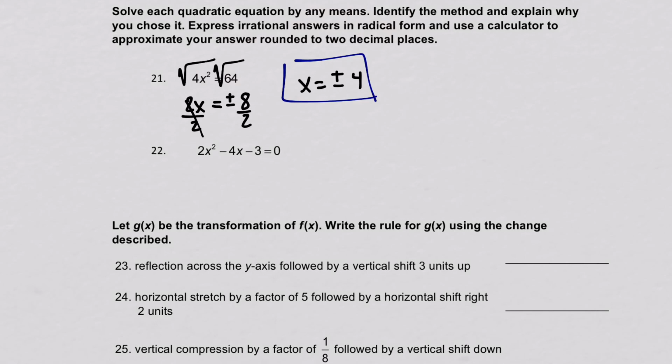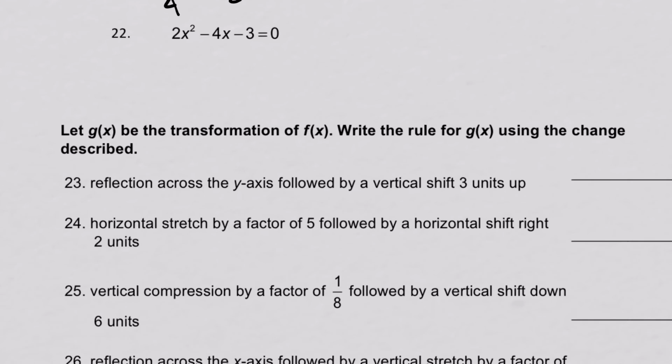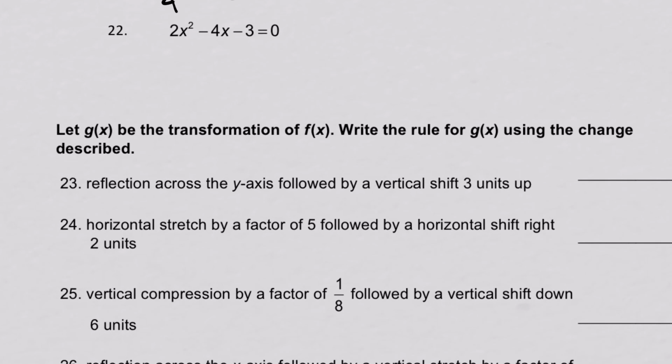All right, number 22, we examine it and we try to find the perfect method. Our go-to choice is probably always factoring. So you can try to go with factoring. Let's see, a is 2, b is negative 4, and c is negative 3.